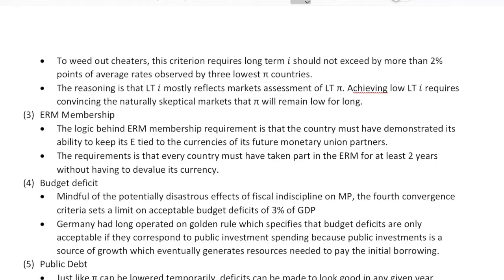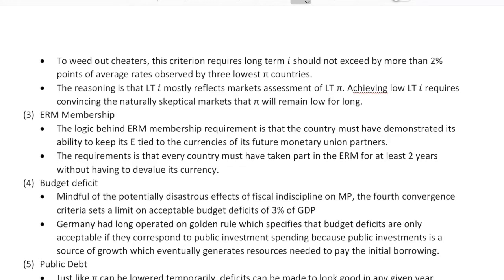The third criteria was ERM membership. So the logic behind the ERM membership requirement is that, and ERM, as I mentioned before, is the exchange rate mechanism. We have discussed this in previous chapters. But what they're saying is that you need to be a member of the exchange rate mechanism, because you must have demonstrated that you have the ability to keep your exchange rate tied to the currencies of member countries who are now going to be your monetary union partner.